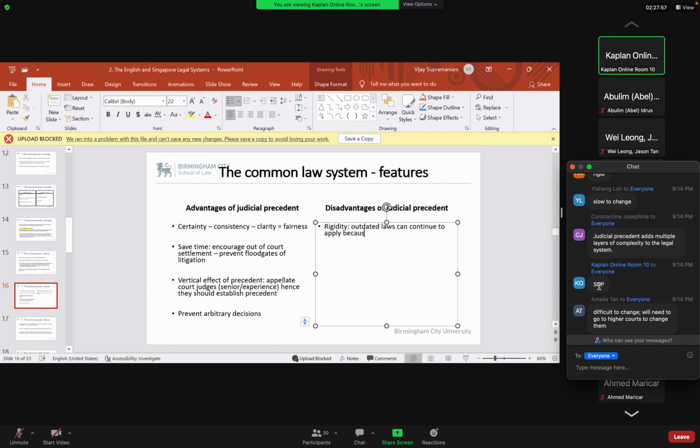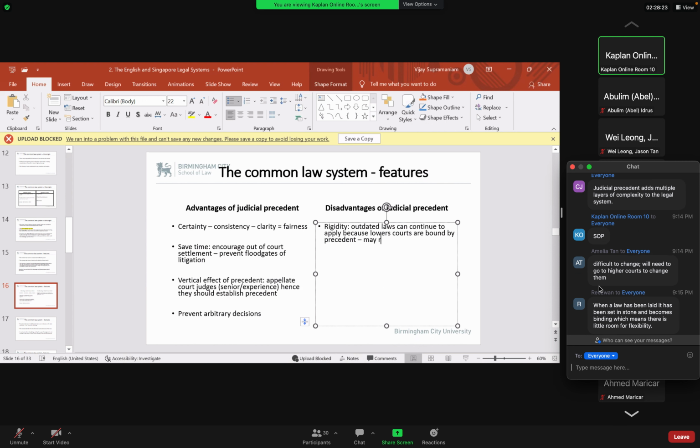Because the lower courts are bound by precedent. When they're bound by precedent, they're going to continue applying this outdated law for a very, very long time, unless one case finally decides to appeal. So therefore, this rigidity may result in injustice. So that's in relation to being difficult to change and so on.